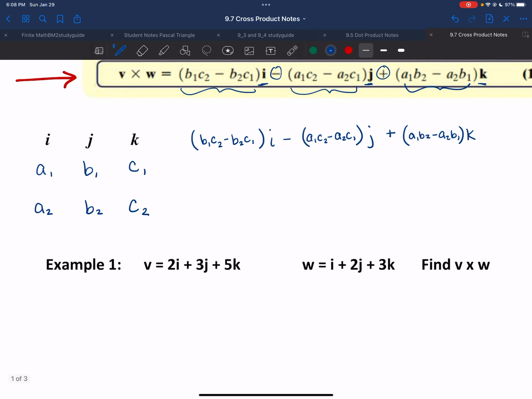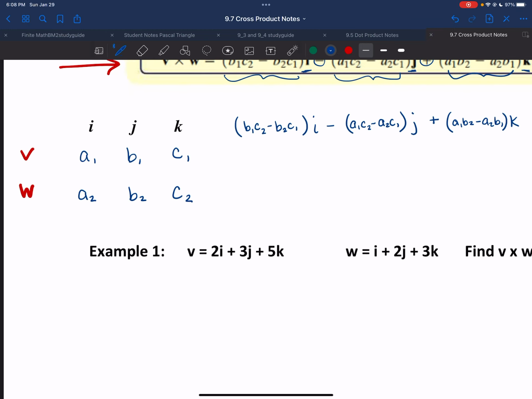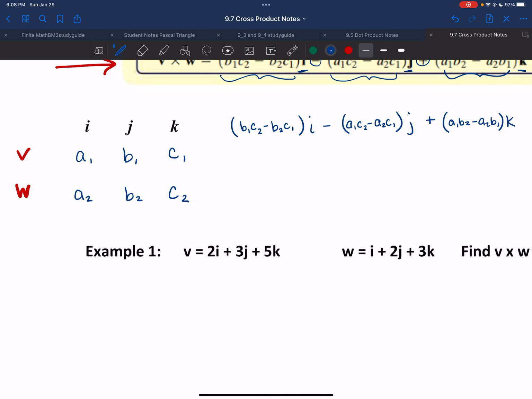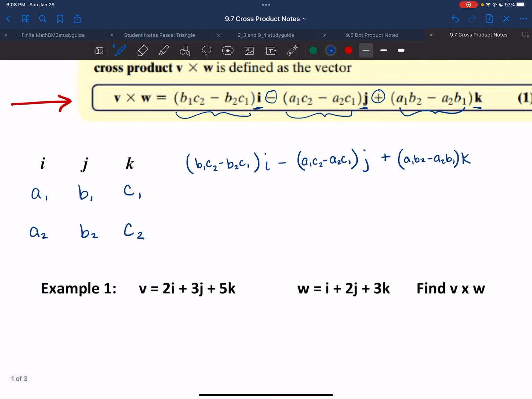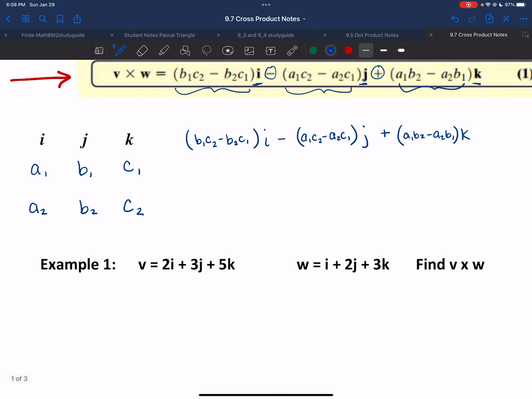Let's go ahead and actually use real numbers, because I think that might help a little bit. I'm going to take these two vectors and put them into my format. Again, if you prefer to memorize the equation, please feel free to do so. I'm just going to show you the way where you don't have to memorize the formula, you just memorize the process.